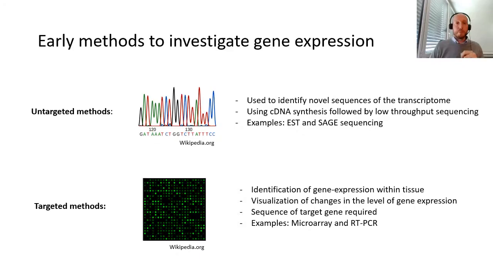So let's go. Now, early approaches, and for me, these are all the methods used before the advent of next generation sequencing, can be sorted into two larger categories: untargeted and targeted methods. The goal of these untargeted methods was to capture and sequence short stretches of transcripts and then link that information back to the gene sequences in order to find out what genes have been expressed.